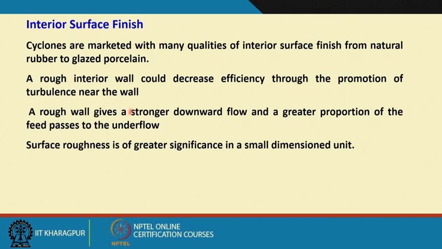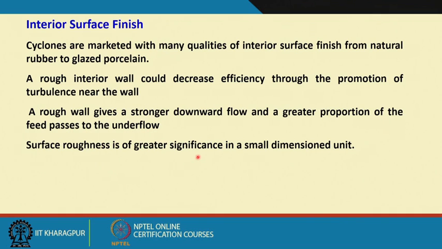A rough wall gives a stronger downward flow and a greater proportion of the feed passes to the underflow. Also, what is not mentioned is that a rougher wall will dampen much of your kinetic energy, so it will have a reduced centrifugal force and much of my feed material will pass through the underflow.